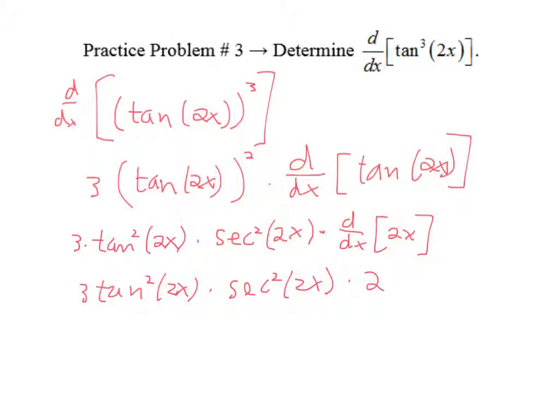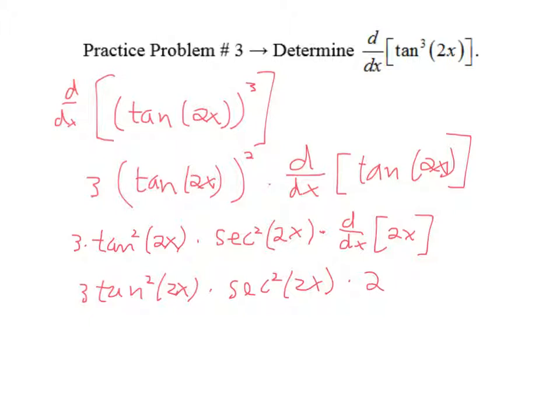We're just linking up the chains of outside functions. First we did the cubic, the outside function cubic. We got 3 times the tangent squared of 2x. Then we took care of the next outside function, which was tangent, and its derivative was secant squared. And now we're going to take care of the last function and multiply by its derivative. So we keep multiplying by the next layer's derivative down, right? The next layer down doing its derivative.